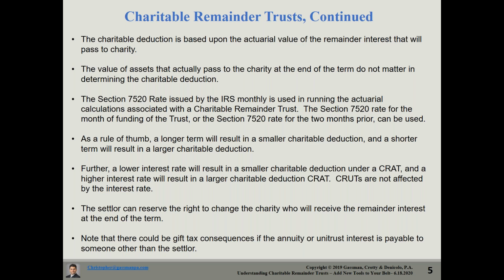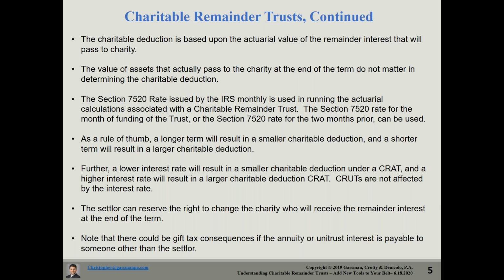Now, the term of the trust also factors into the amount of the charitable deduction. And this relates to a longer term generally resulting in a smaller charitable deduction. And that makes sense, because the longer the term of the non-charitable beneficiary, the more payments they're going to receive and the larger their interest. So those are considerations, and we typically just use a computer program.